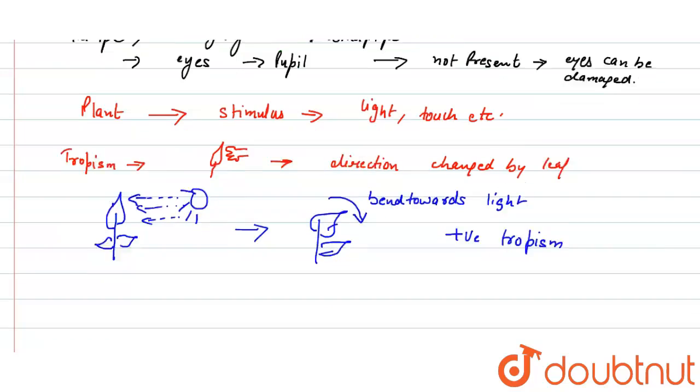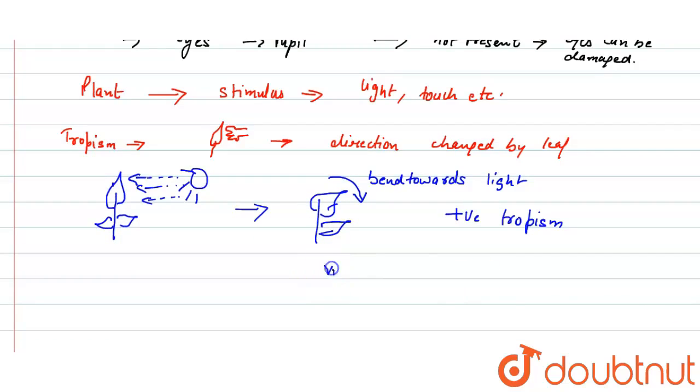Whereas if it is vice versa, then called as negative tropism. So this is what tropism is.